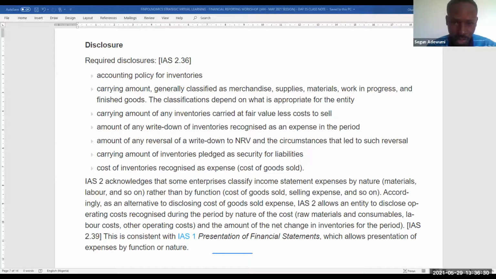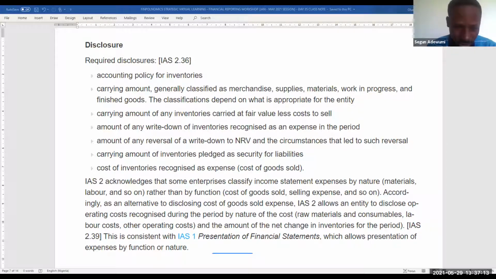The classifications depend on what is appropriate for the entity. 3, carrying amounts of any inventories carried at fair value less cost to sell. 4, amounts of any write-down of inventories recognized as an expense in the period. 5, amount of any reversal of a write-down to net realizable value and the circumstances that led to such reversal. 6, carrying amount of inventories pledged as security for liabilities. And lastly, cost of inventories recognized as expense, cost of goods sold.